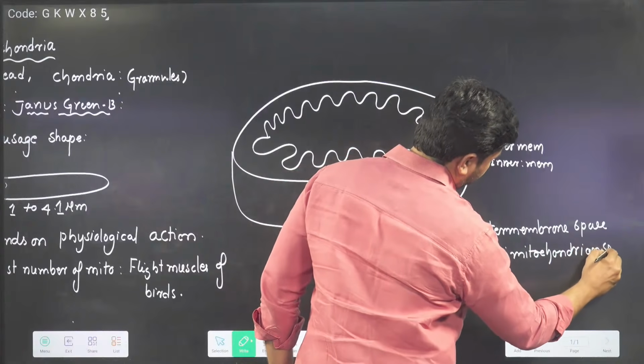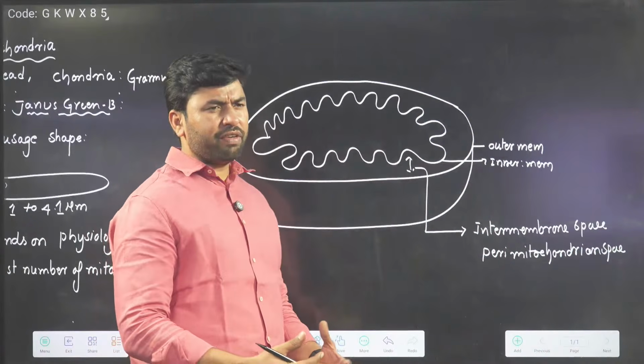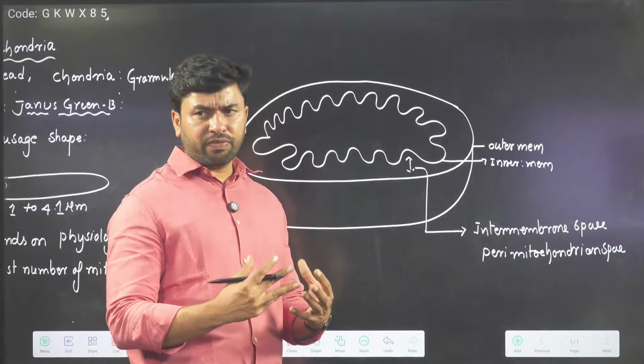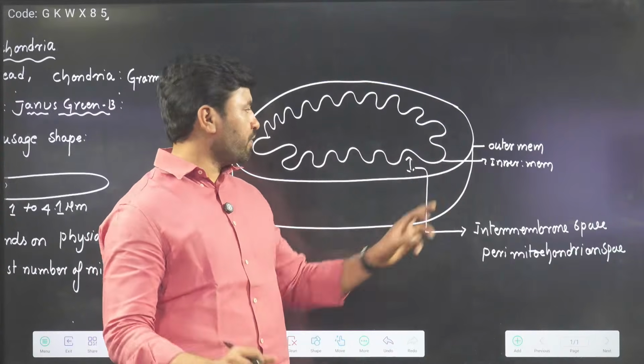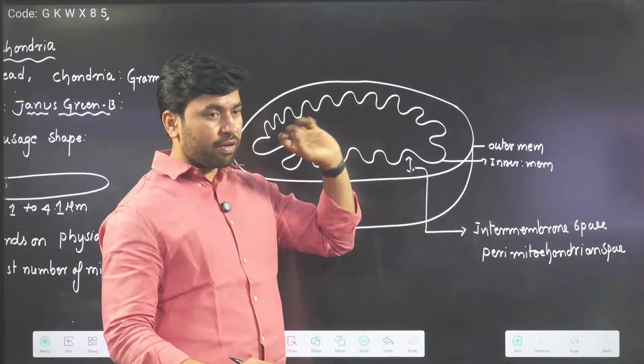What is it filled with? It's filled with some sort of aqueous fluid, that means a watery type of liquid. It's not empty space. It is filled by aqueous fluid.